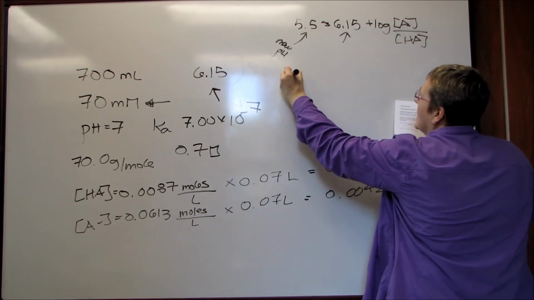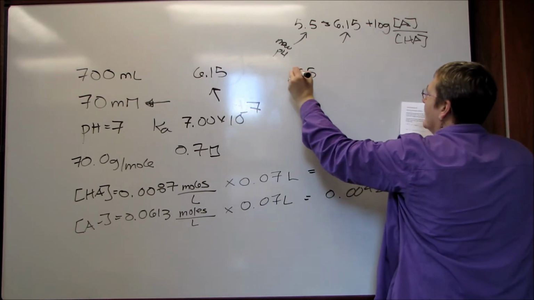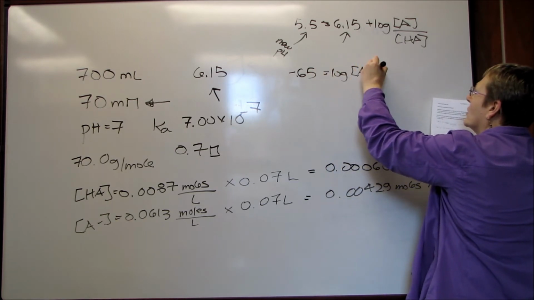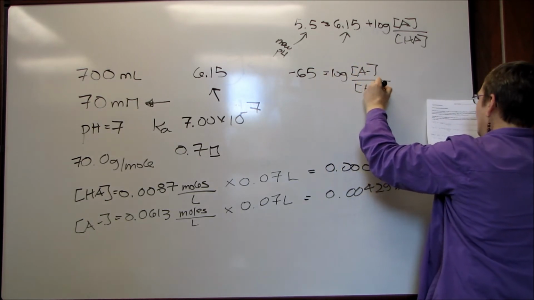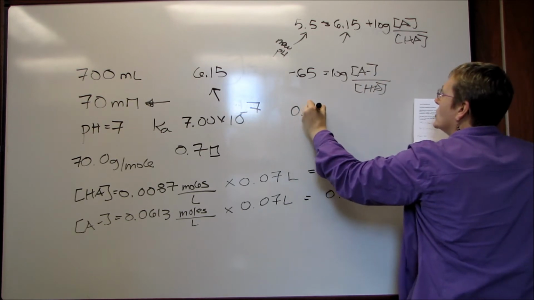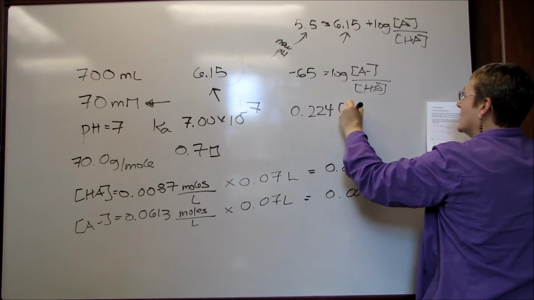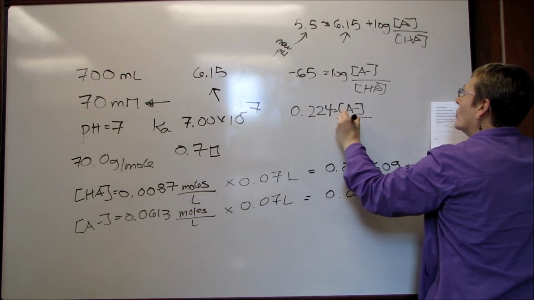So this is negative 0.65 is equal to the log of A minus over HA. The ratio is 0.224 is A minus over HA.